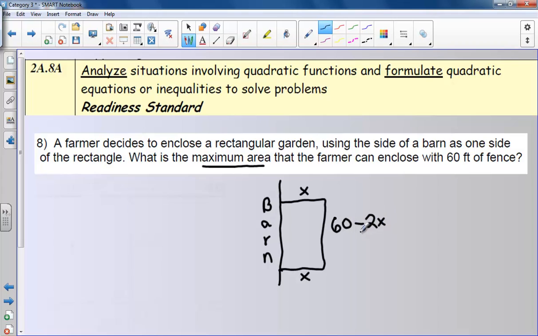So this side I'm going to call 60 minus 2x. To find the area, I do length times width. So basically what I'm doing is x times 60 minus 2x, and I'm going to distribute, so I get negative 2x squared plus 60x. So I formulated a quadratic equation to represent this problem situation.